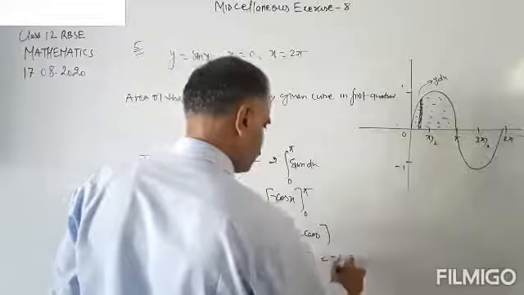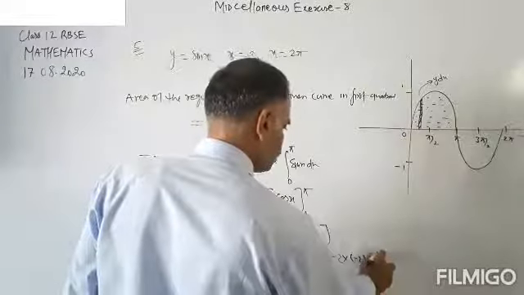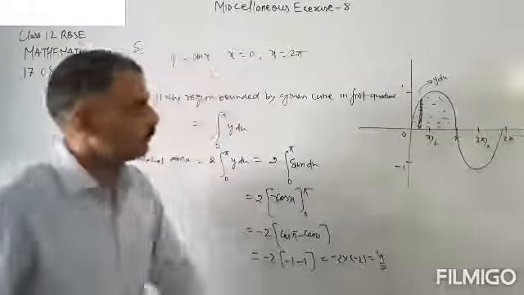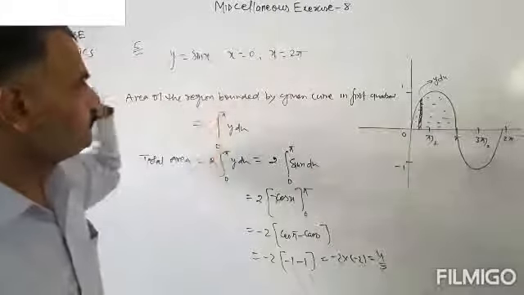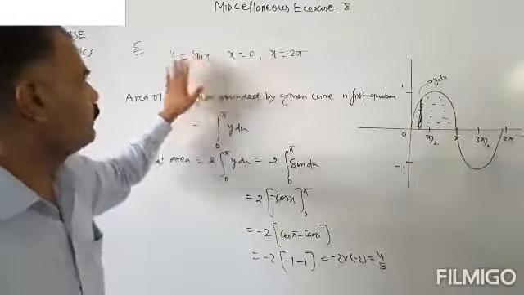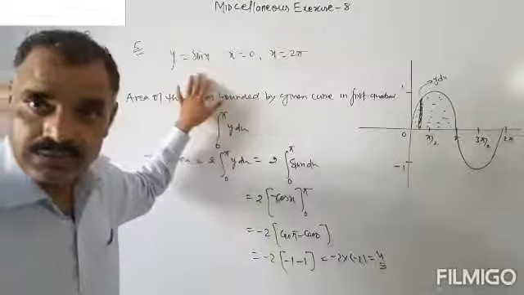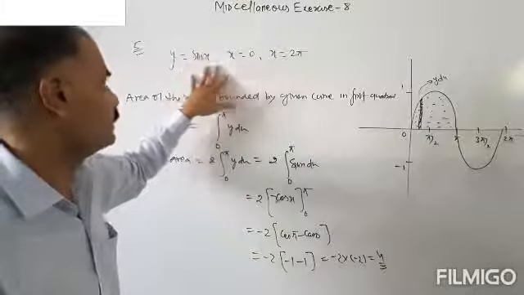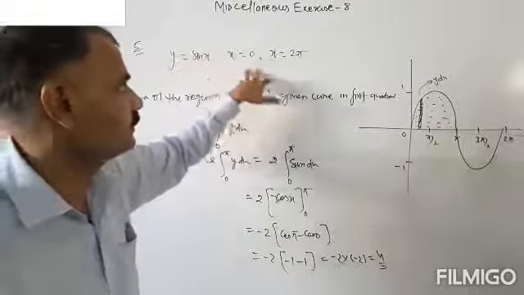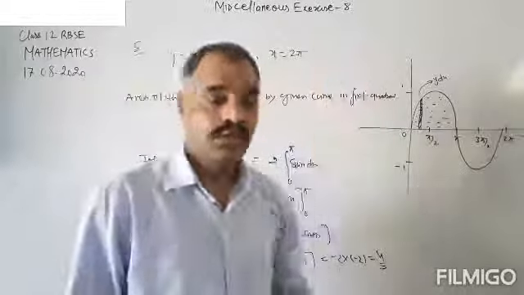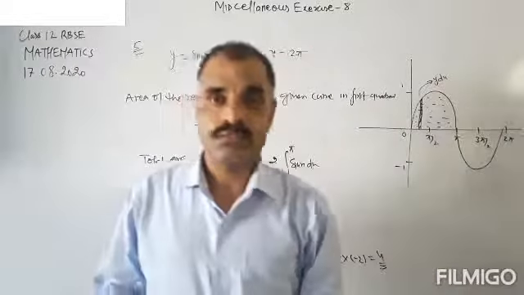So minus 2 into minus 2, that is equal to 4. So the area of the region bounded by the curve y equals sin x between x equals 0 and x equals 2 pi is 4 unit square.